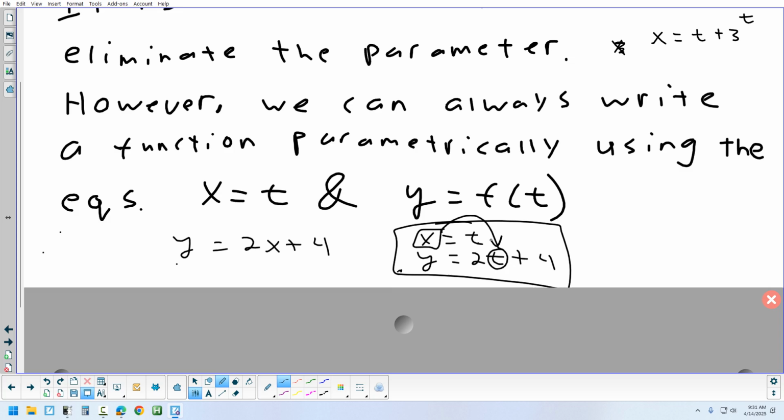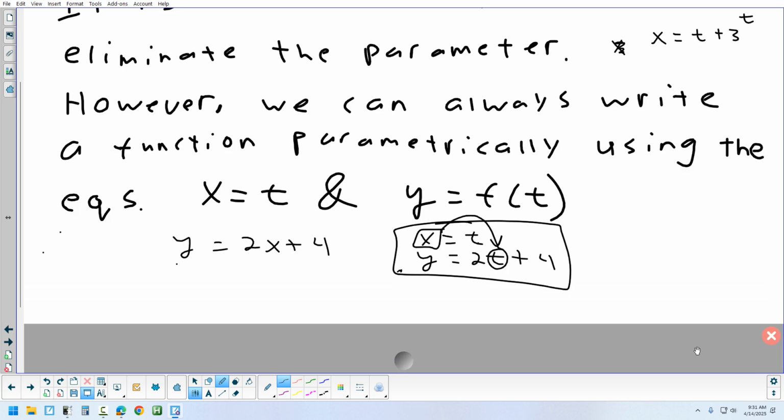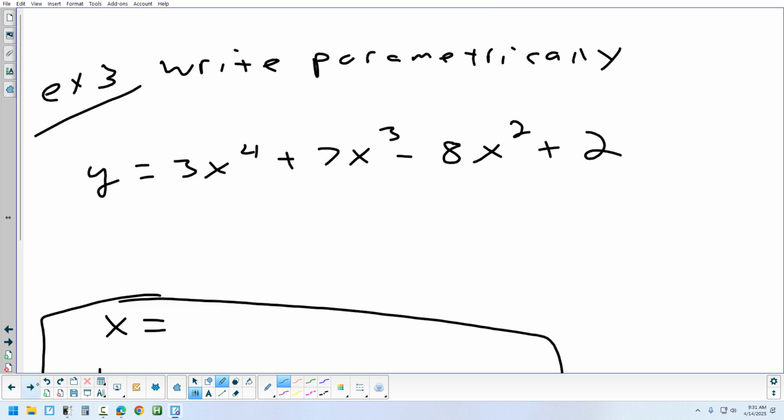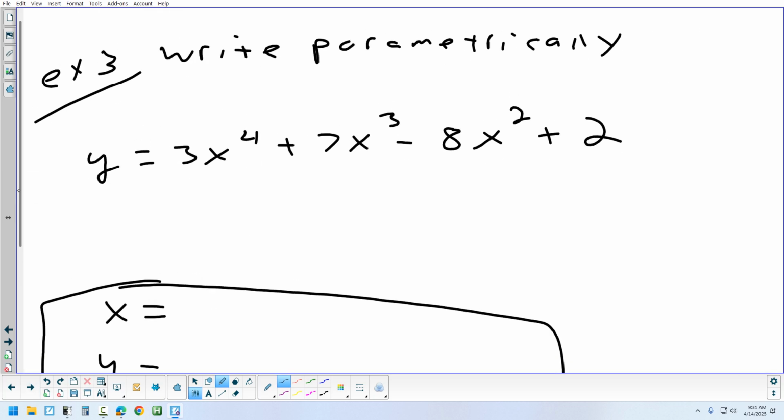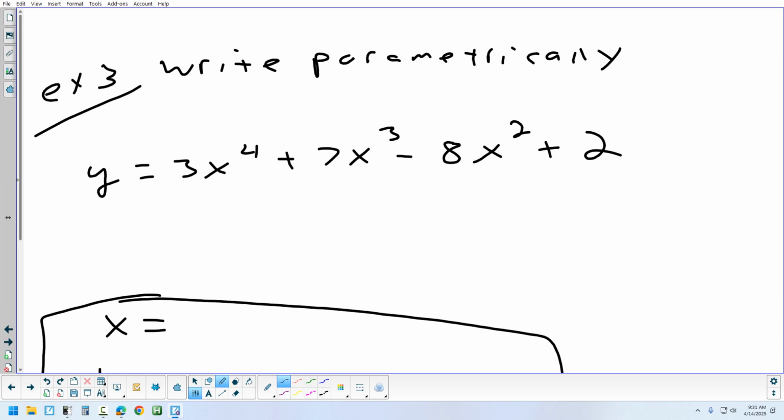Right. So let's try that one more time on this one. So how could I write this one parametrically using those two equations? Yeah? Set x to t. Yep, x is t. So x equals t. It would be y equals 3t to the fourth plus 7t to the third minus 8t to the second plus 2 to the fourth.